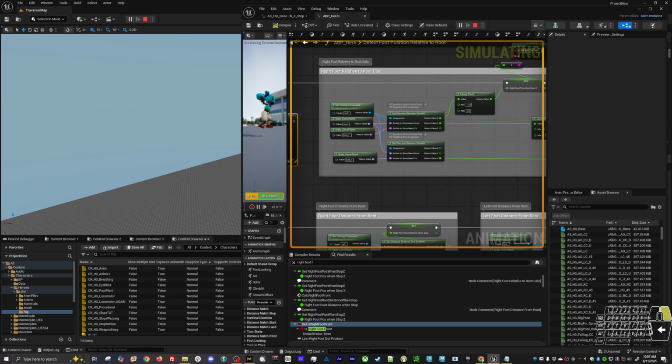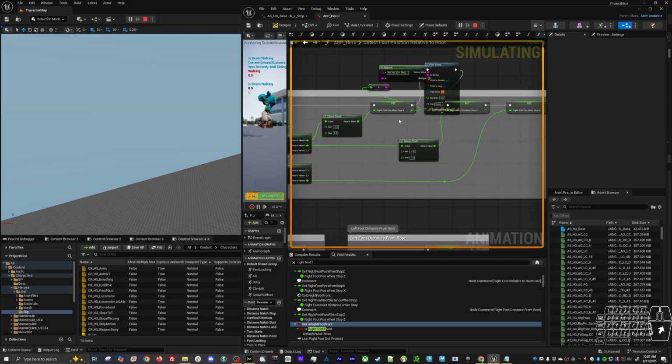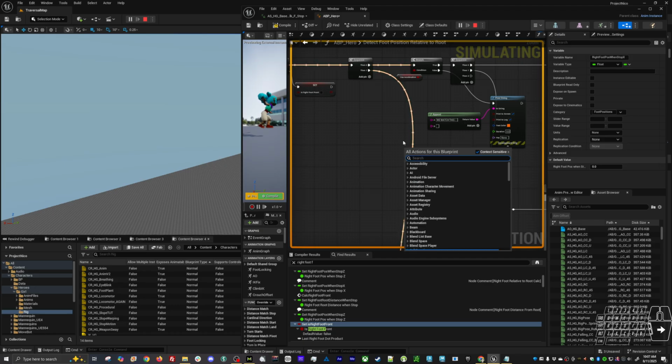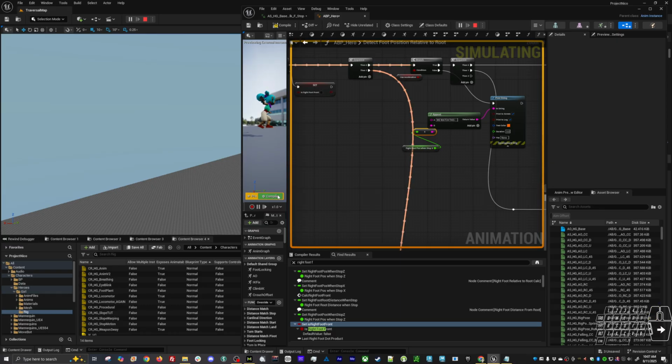We want this value here, right foot position when stop. So get right foot position x when stop. I'm going to pipe that into there, compile.